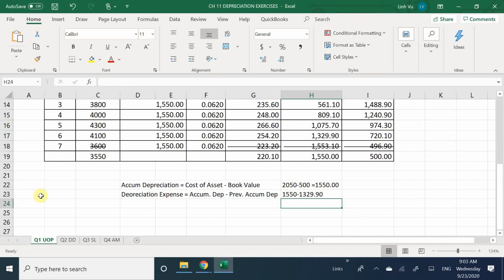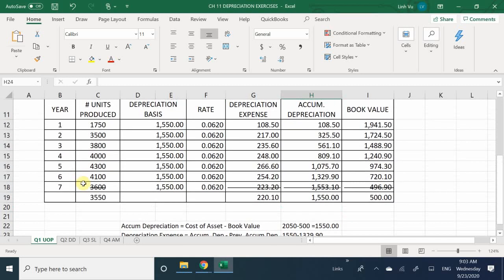Now, if we figured out this number right here, we can solve it going forward. Like I just showed you exactly how we were doing the whole time. If we figured that there's too many units here, but at that time, we didn't know. We just assumed that it's going to be even. But in this case, it isn't even. We went way over capacity. If you were to solve for this right here and found out that this was equal to 2550, you would adjust this number here to the 3550, right?